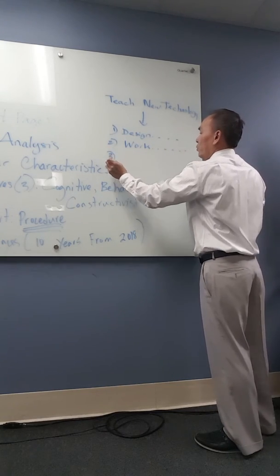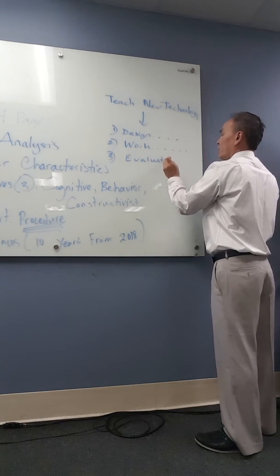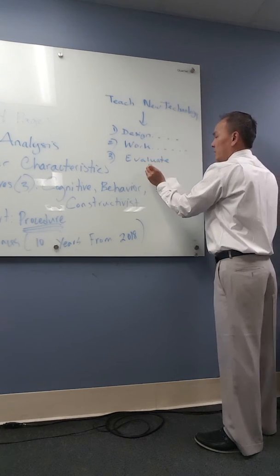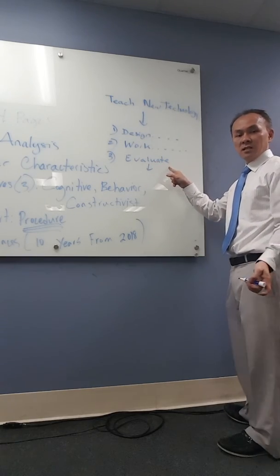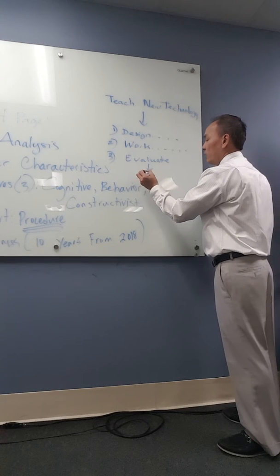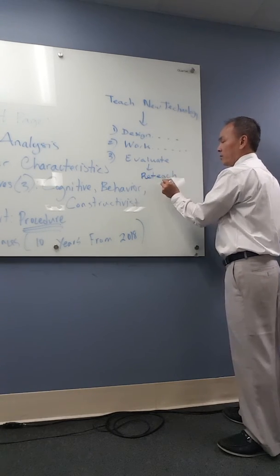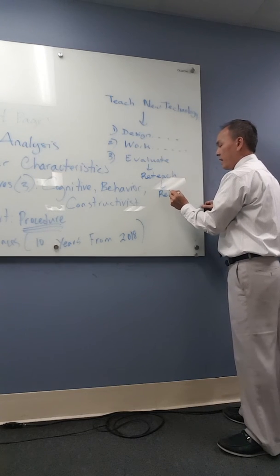Then you might want to evaluate how the students work. If the evaluation doesn't produce the result that you as an instructor want, you might want to reteach. From here, you're going to re-evaluate.